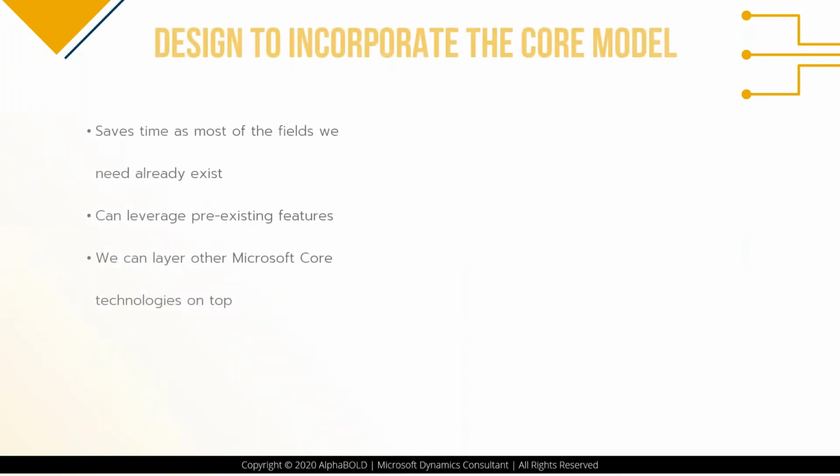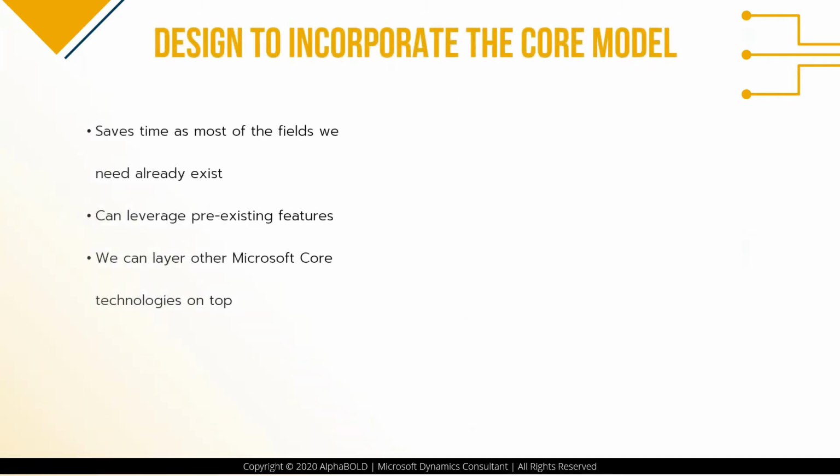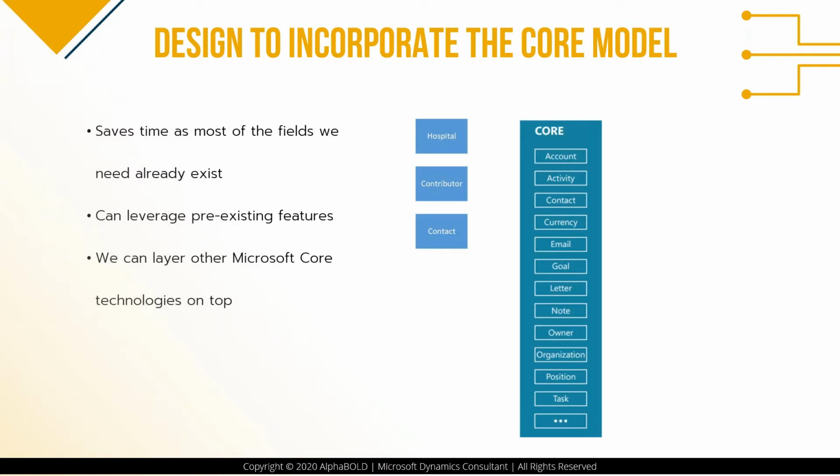Now that we have laid out our overall data model, let's take a look and incorporate what we've designed into the existing common data model as we had discussed earlier. If I were to take a look at the core objects in the Microsoft Common Data Model, I'll see things like account and contact and email and letter, etc. In our new application, we have hospital, contributor, and contact.